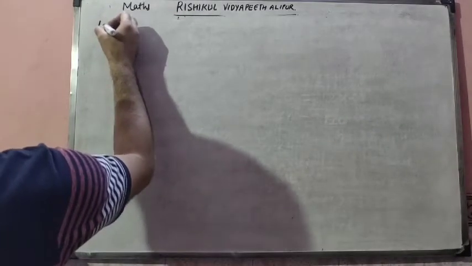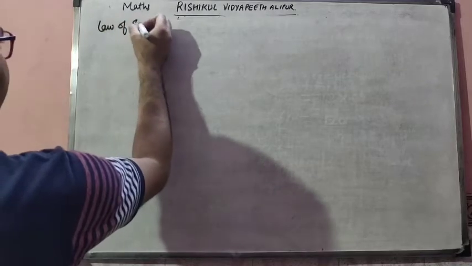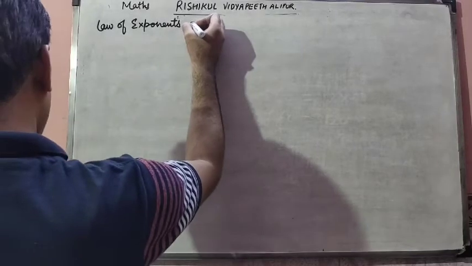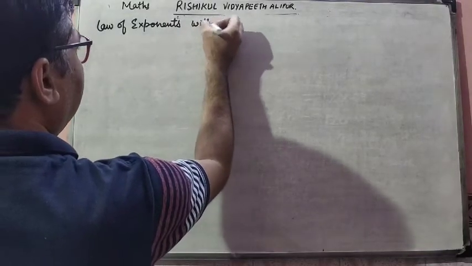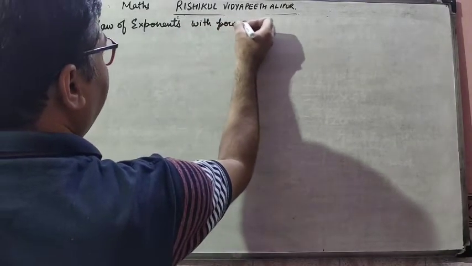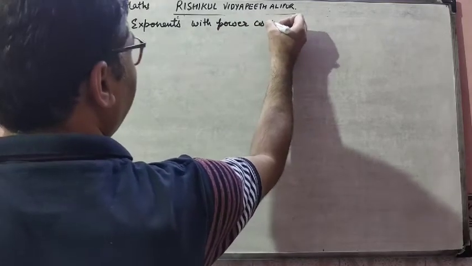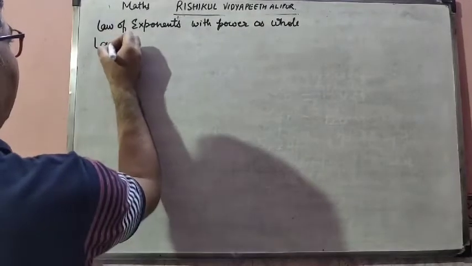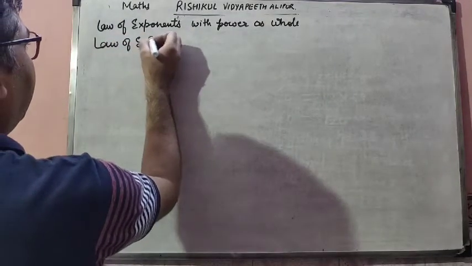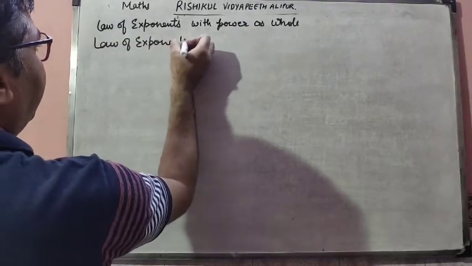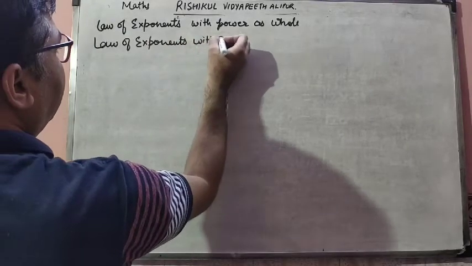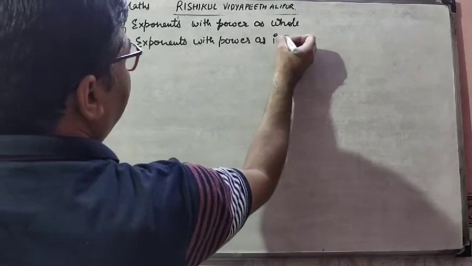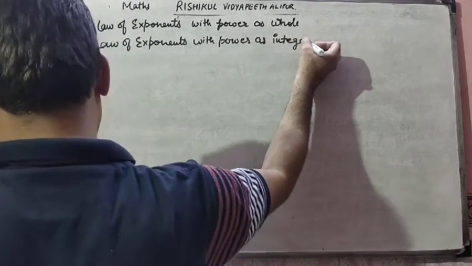One is the law of exponents with power as whole numbers, and the other is the law of exponents with power as integers.